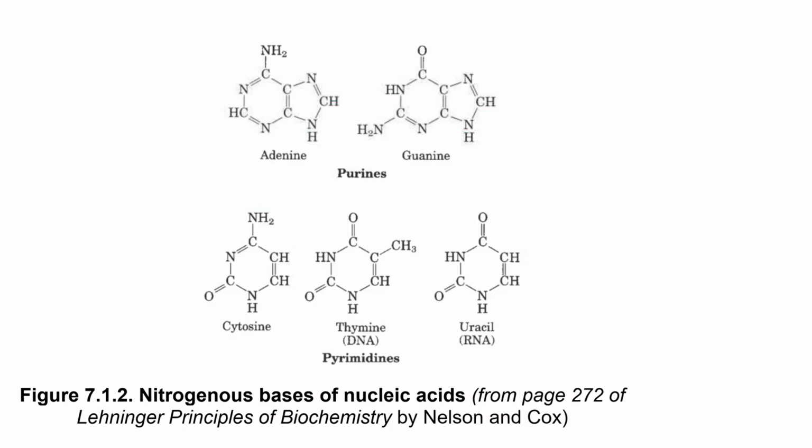So in your book, you can see that nitrogenous bases are divided into two groups. We have purines and pyrimidines. Purines have double ring, while pyrimidines have a single ring.